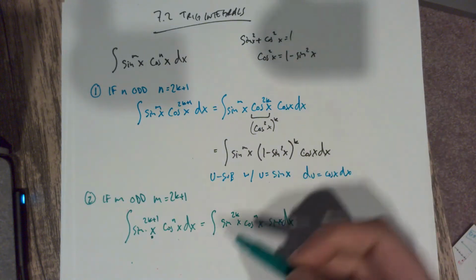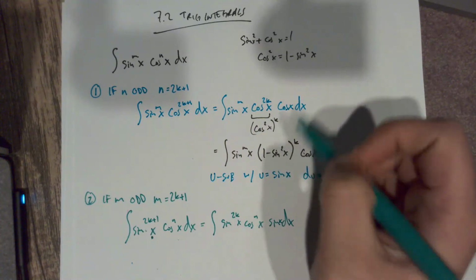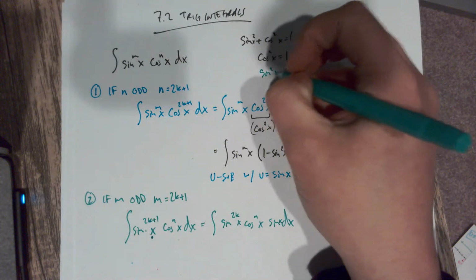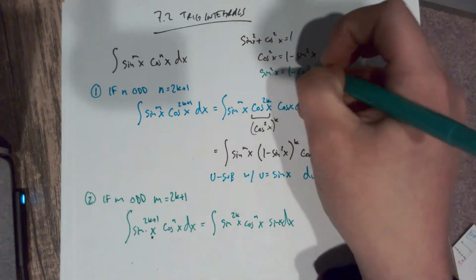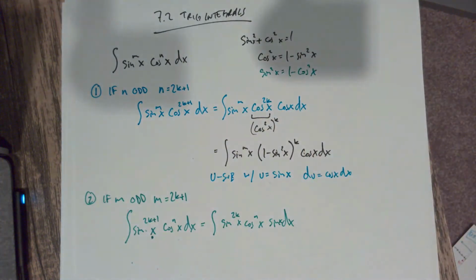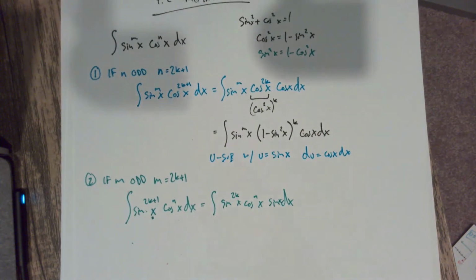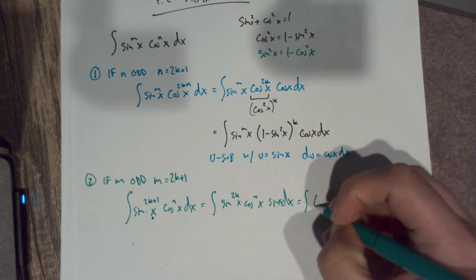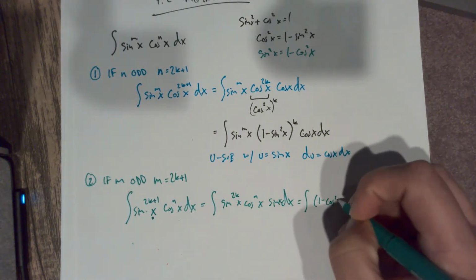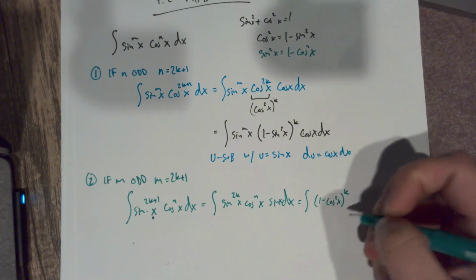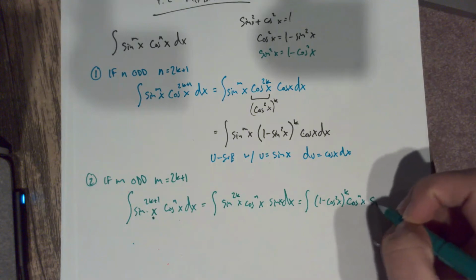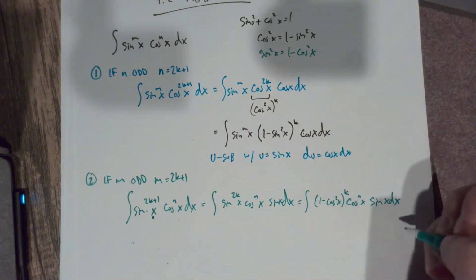Then instead of replacing the cosine squared, we're going to replace the sine squared, since we know sine squared is equal to 1 minus cosine squared. That's the other way we can have that identity written. So that would be the integral of 1 minus cosine squared to the k, cosine to the n, sine x dx.